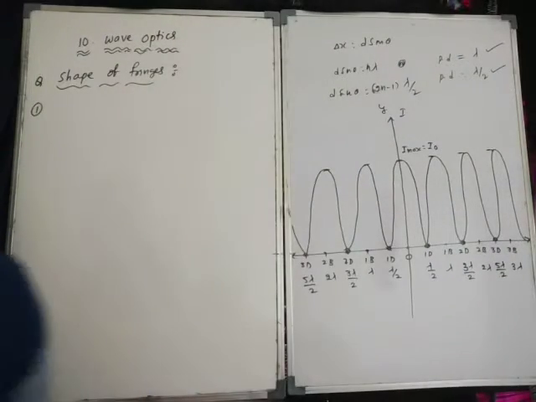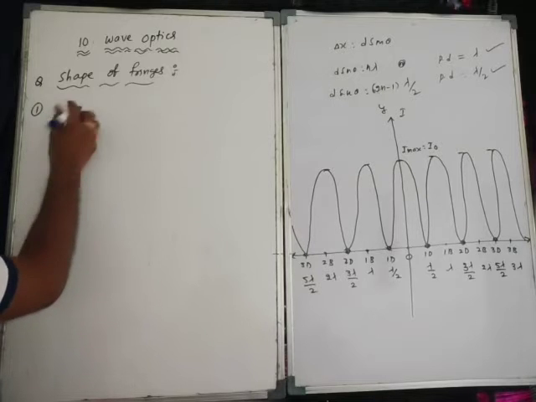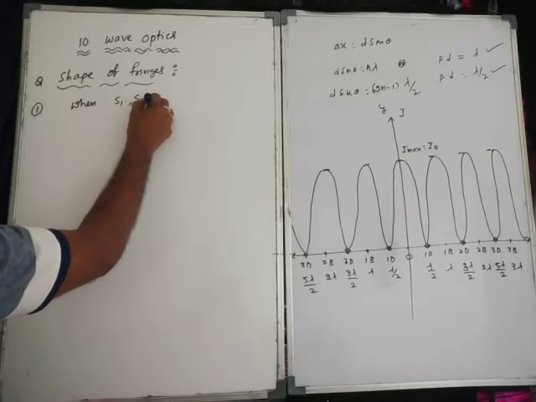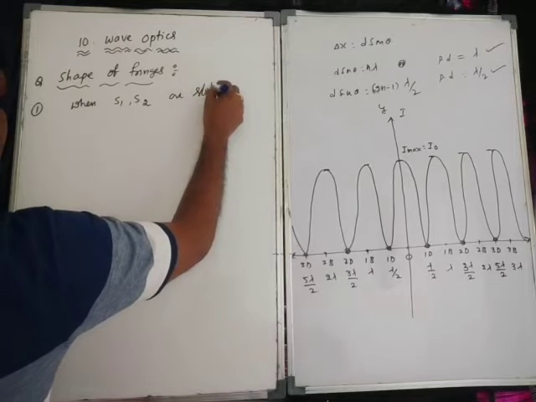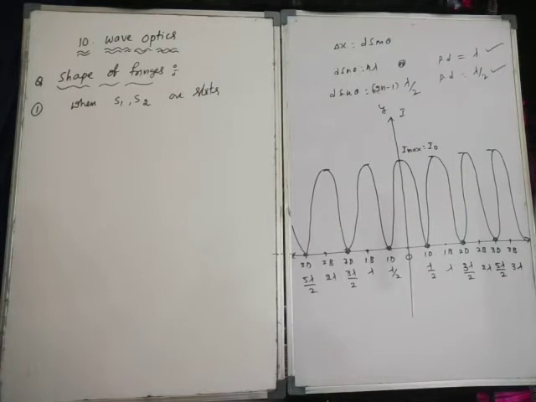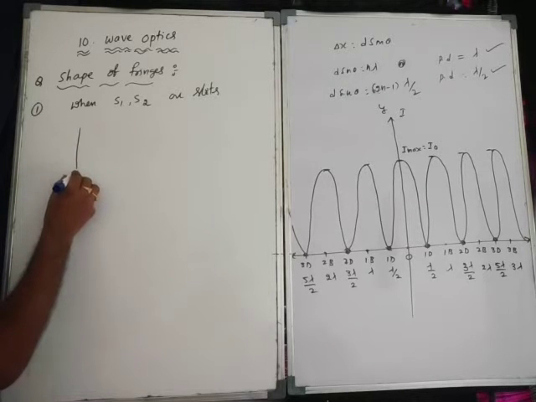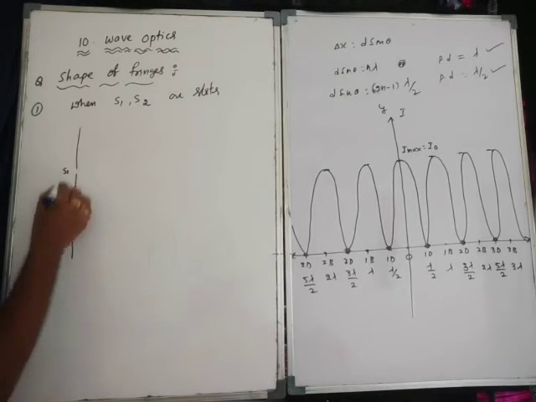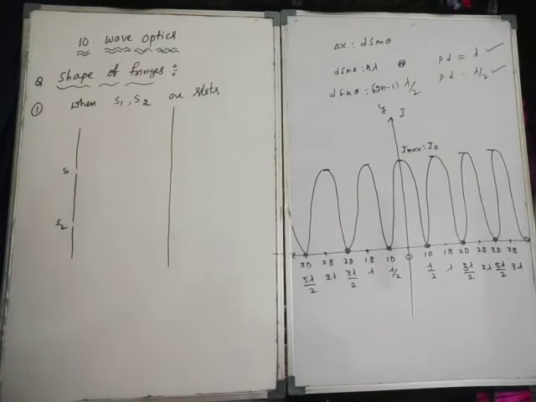So this is the first slit and second slit, S1 and S2, and fringes can form there.